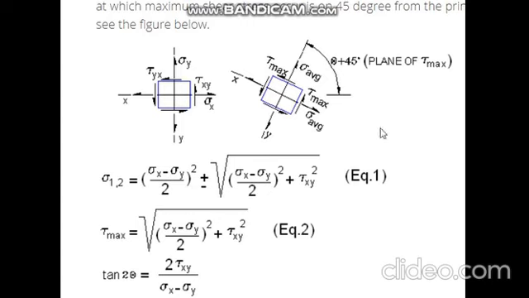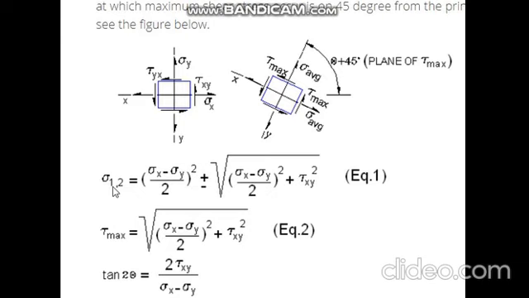And the formula that gives the principal stresses, you see, one is the maximum principal stress, that is sigma 1. Here two equations are there in this formula.